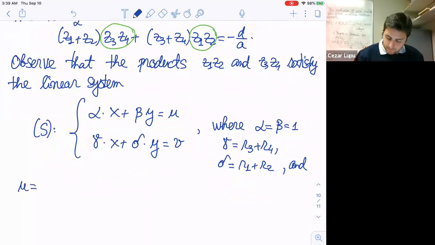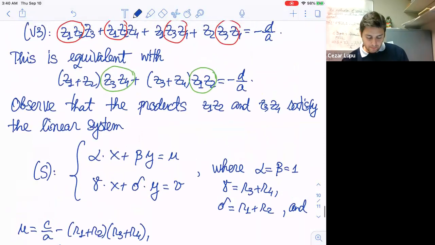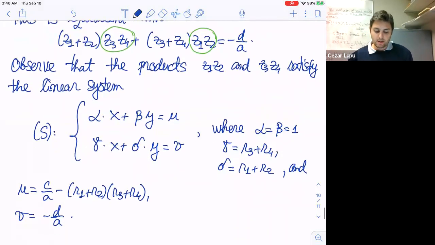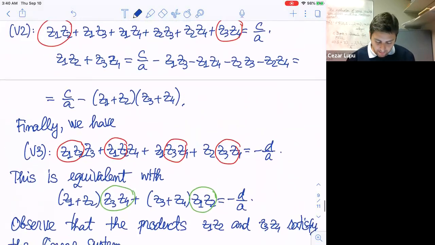U is C over A minus R1 plus R2 times R3 plus R4, which is from the Viète relations, and V is nothing else than just negative D over A, right? So keep in mind that, and that's the system. So we can rewrite the Viète relations in this way.